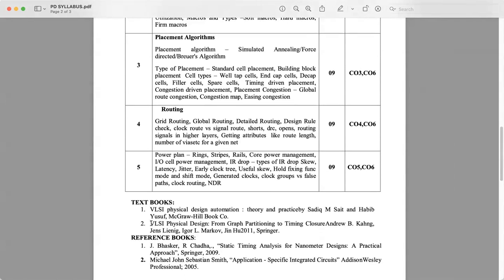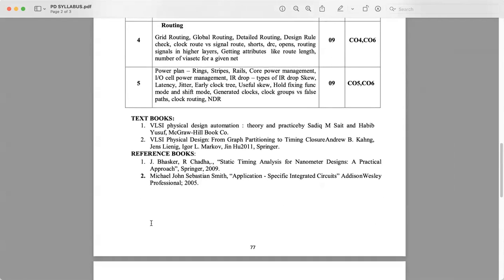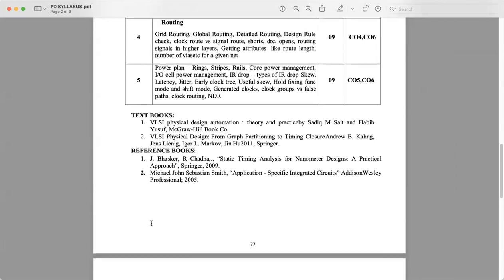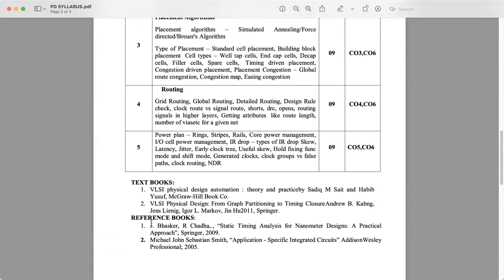The textbooks that we are going to use, I have selected 2 textbooks and 2 reference books. The first one is VLSI Physical Design Automation by Sadiq, and the second one is VLSI Physical Design from Graph Partitioning to Timing Closure by Andrew, a very nice textbook.